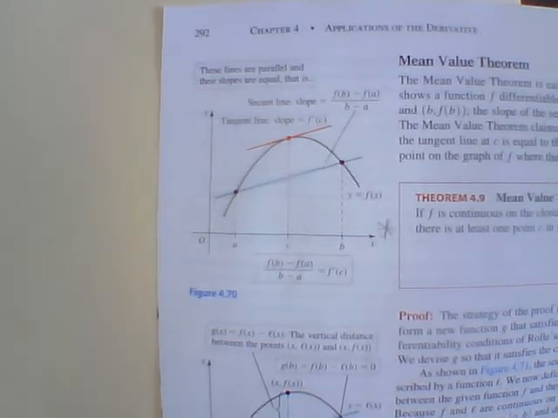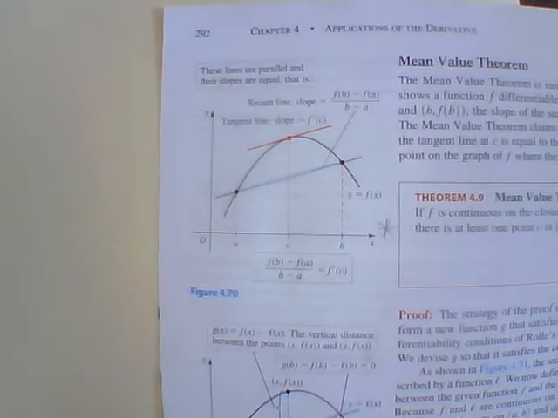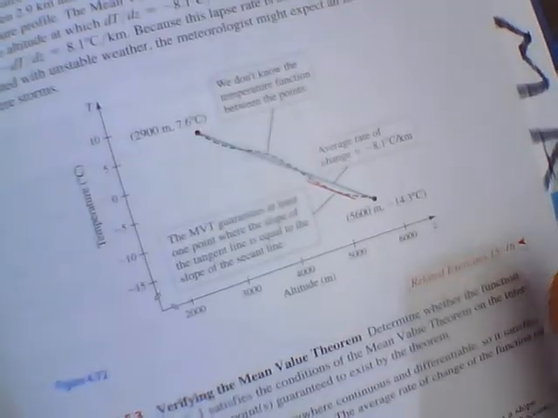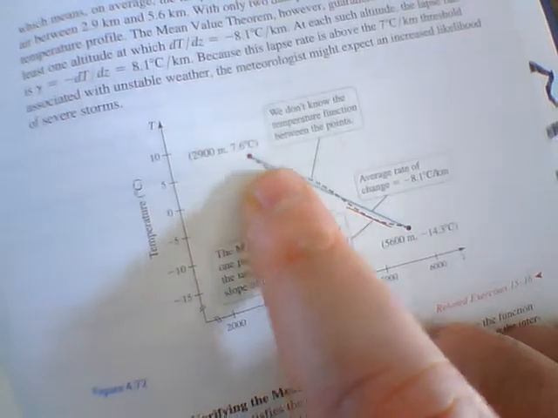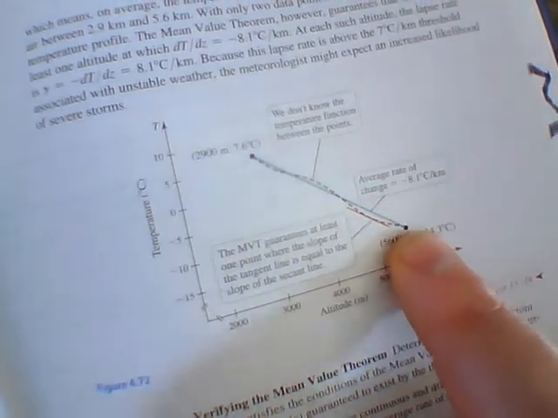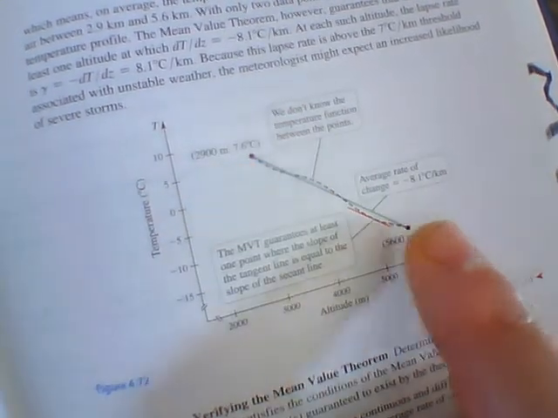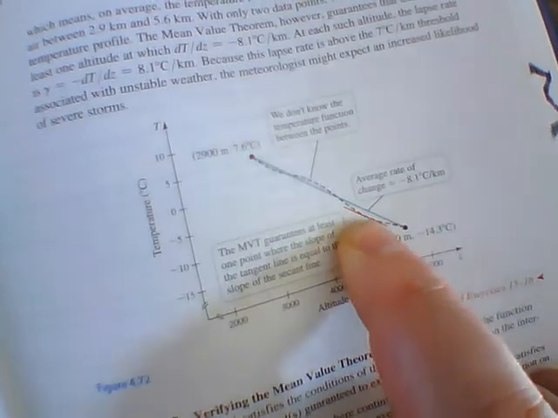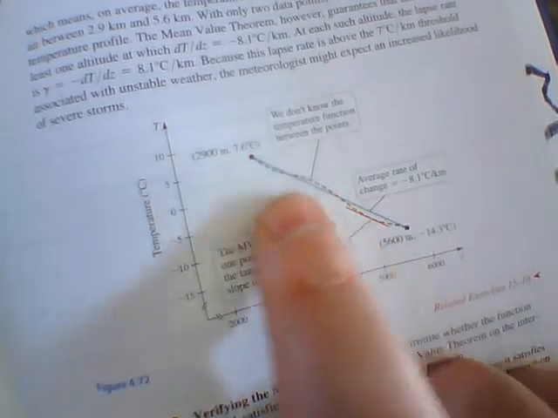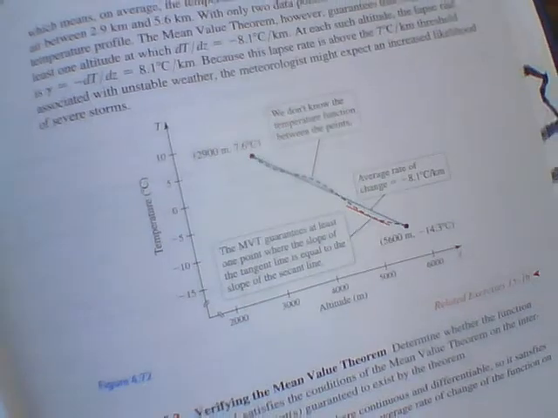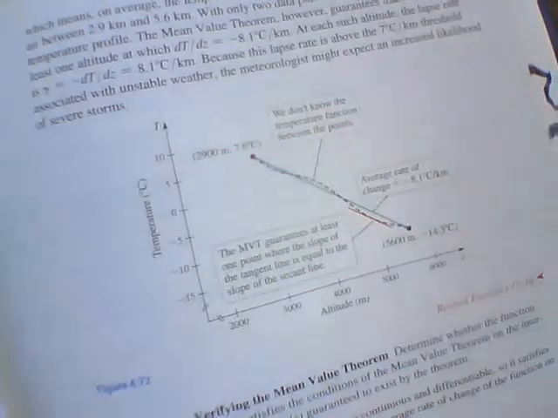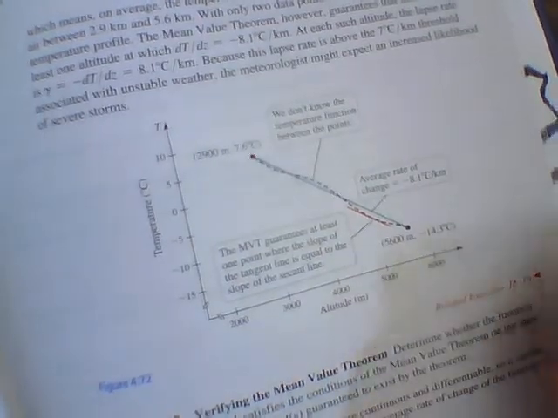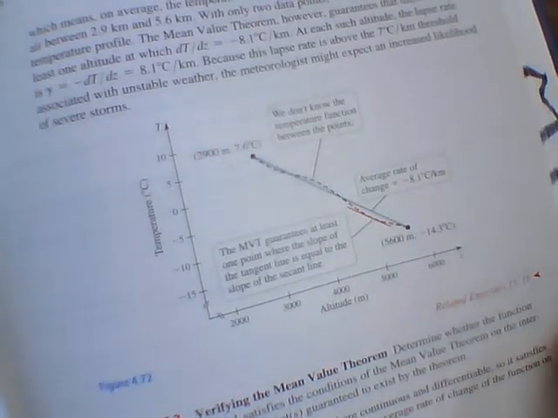That's what the mean value theorem talks about. It relates to story problems, where we could have a wavy graph and look at the overall temperature change, and the mean value theorem guarantees that there is at least one other point that has that same change, so we could look at that instantaneous rate.